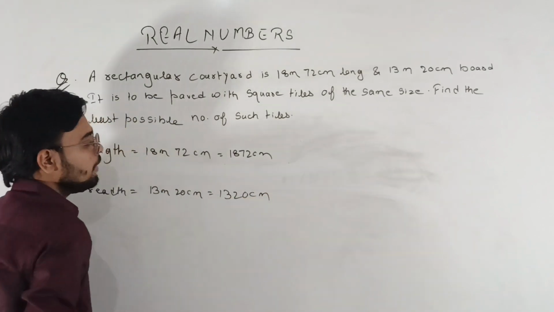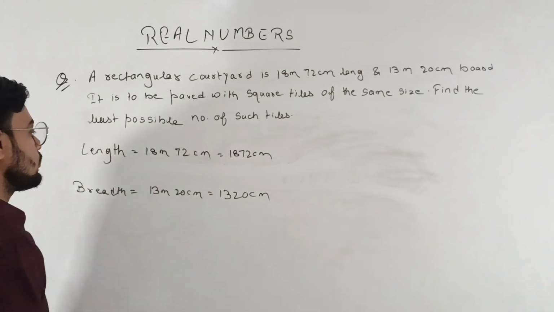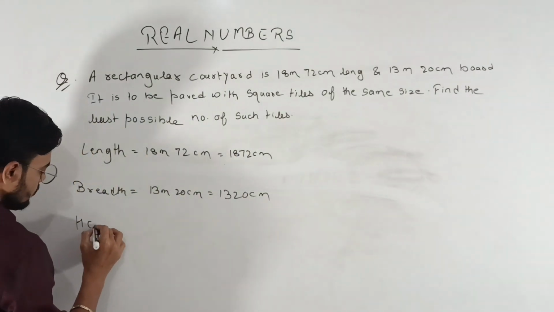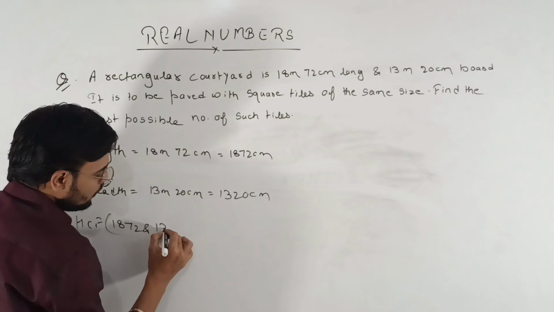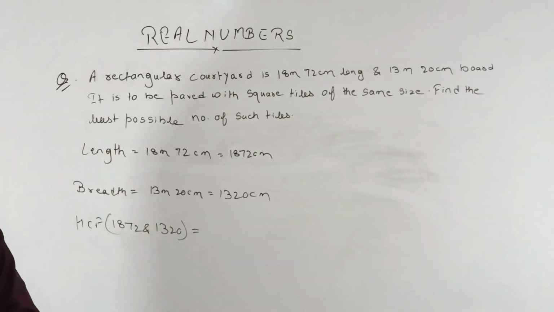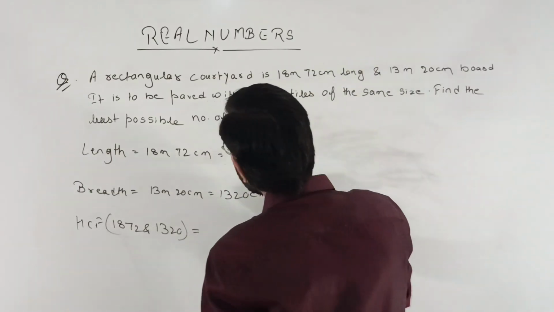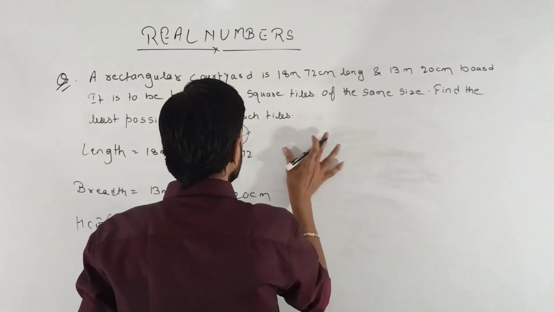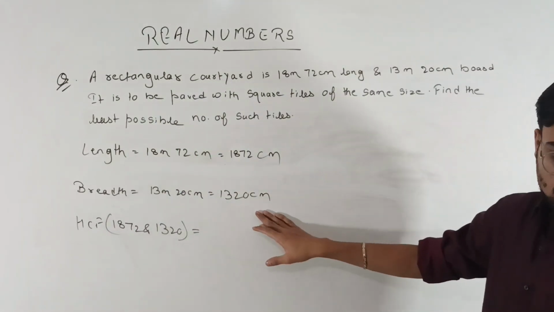Now we have to take the HCF of 1872 and 1320 centimeter. First we have to do the prime factorization of 1872 centimeter and the prime factorization of 1320 centimeter.